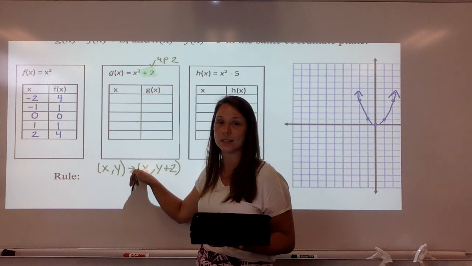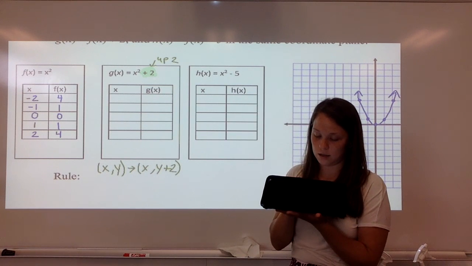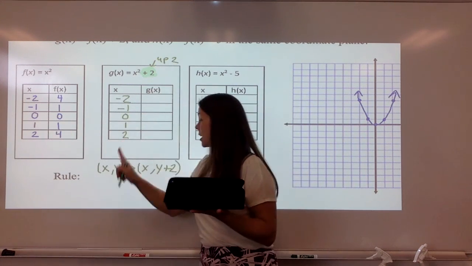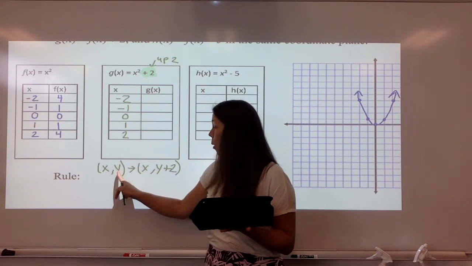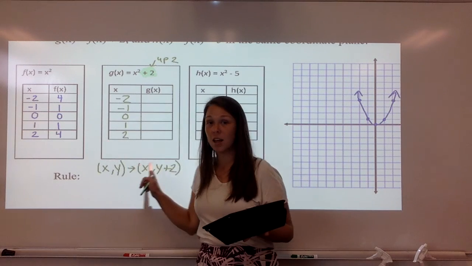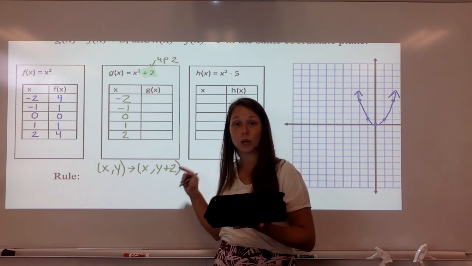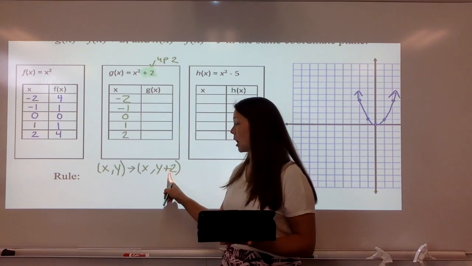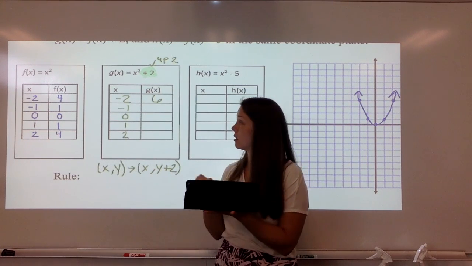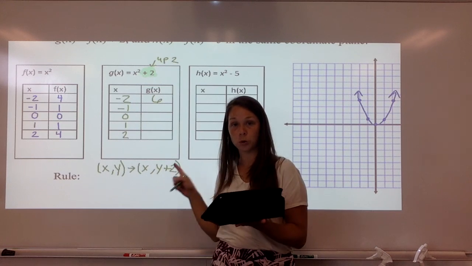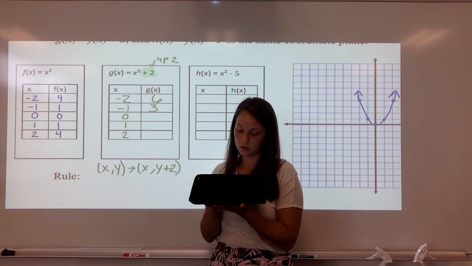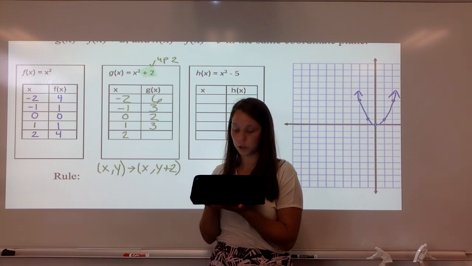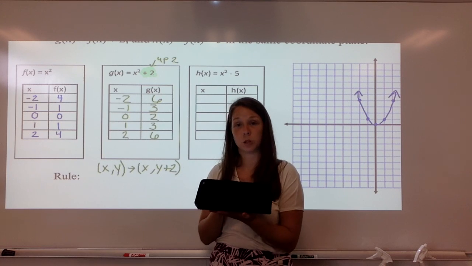X is staying x, it's not changing. So I'm going to fill those in, and they're going to match. But the original y's from this parent table, the transformation is to add 2 to each of them. So 4 plus 2 gives me 6. 1 plus 2 gives me 3. 0 plus 2 is 2. 1 plus 2 is 3, and 4 plus 2 is 6.